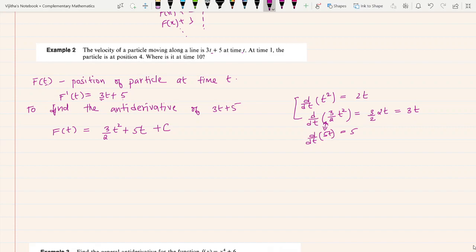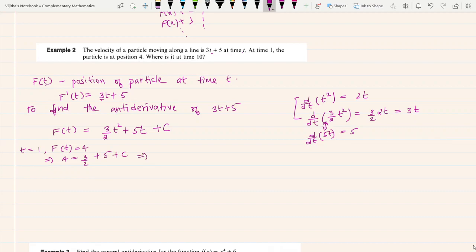Now the value of c can be determined because it is given in the problem that at time t equal to 1, the particle is at position 4. So at t equal to 1, F of t is equal to 4. If we substitute here, we will get 4 equal to 3 by 2 plus 5 plus c.